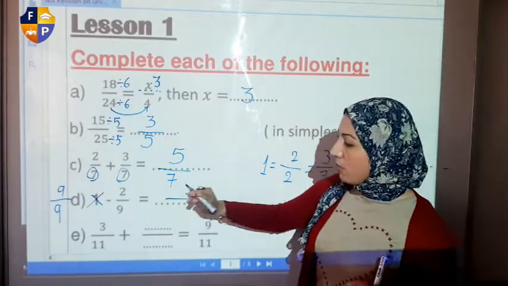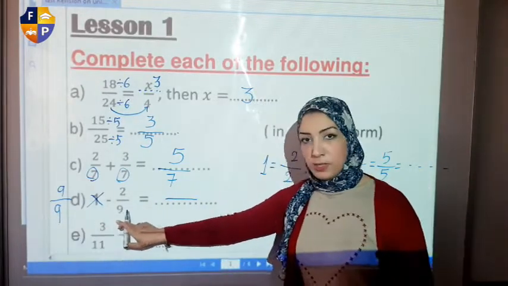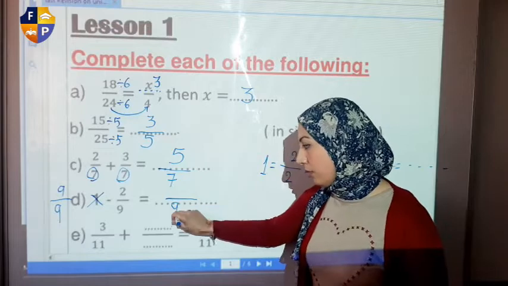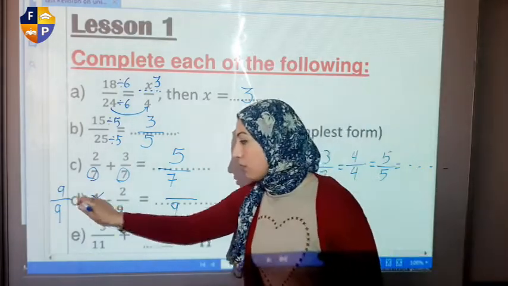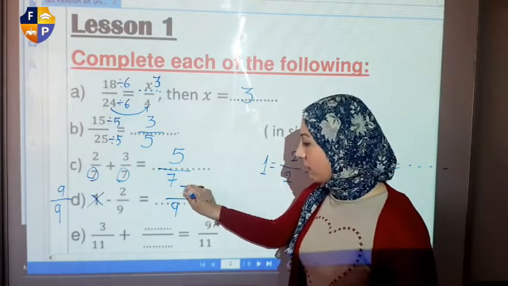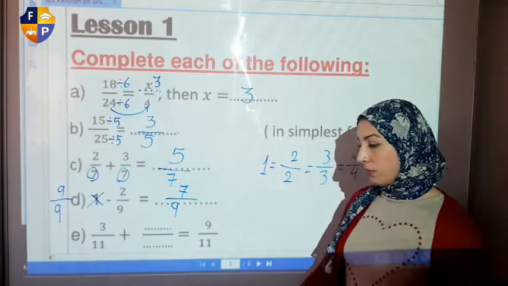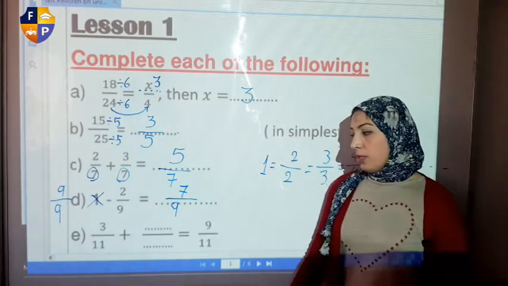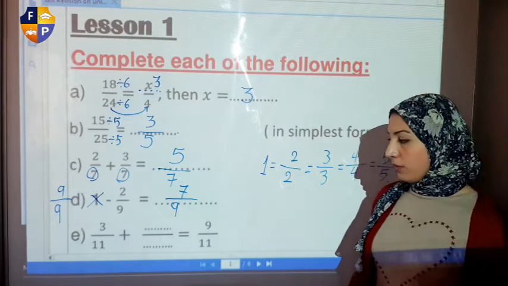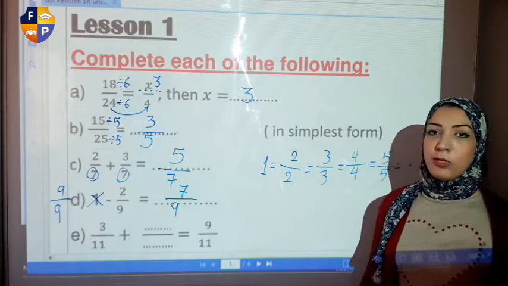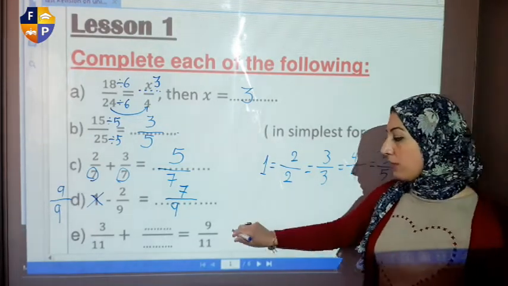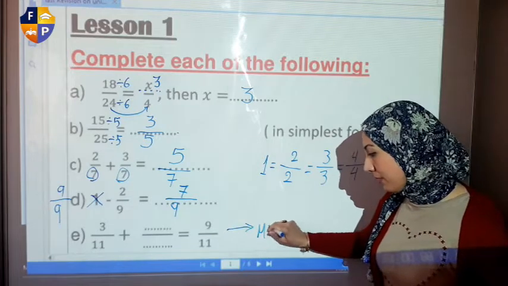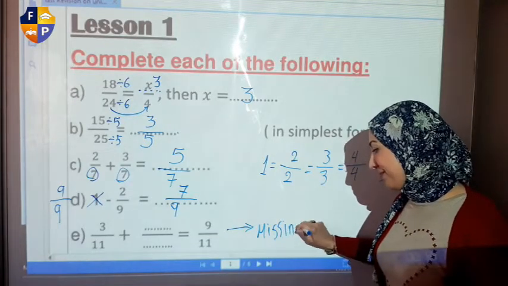So here we have a common denominator which is 9. So we will write 9 in the denominator. 9 minus 2 equals 7. So the answer here is 7 over 9. Next one, 3 over 11 plus what equals 9 over 11. This form is called a missing fraction.